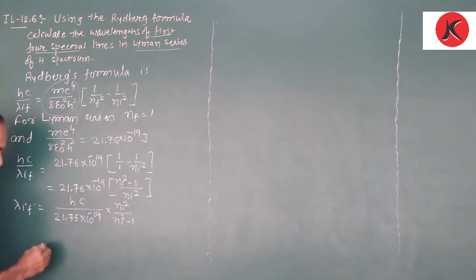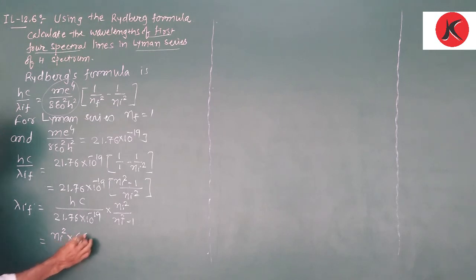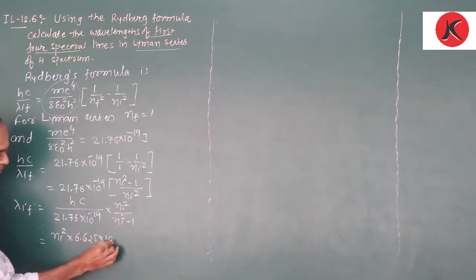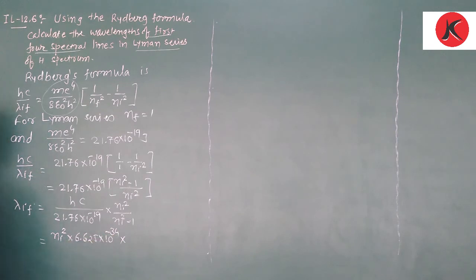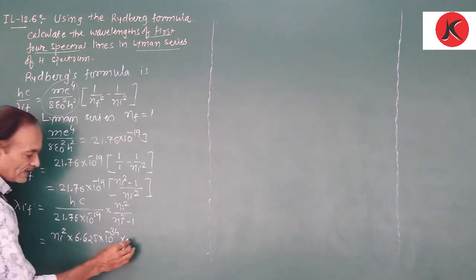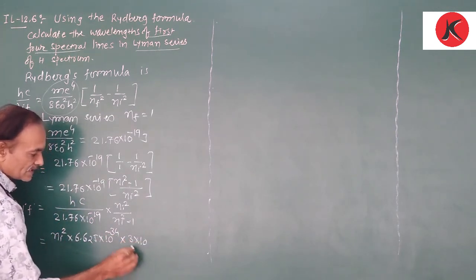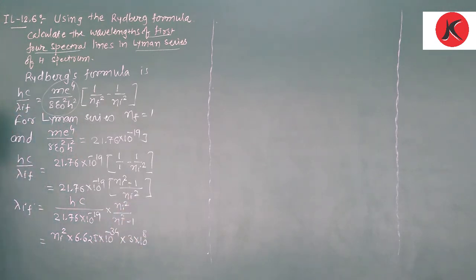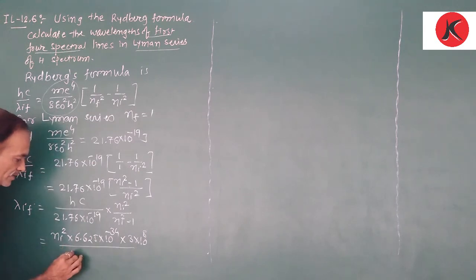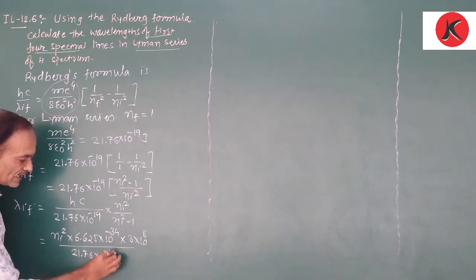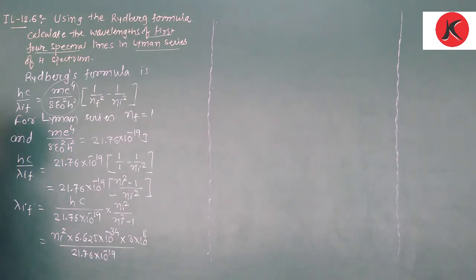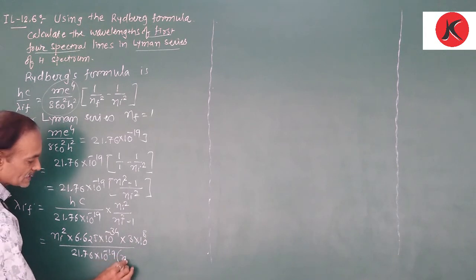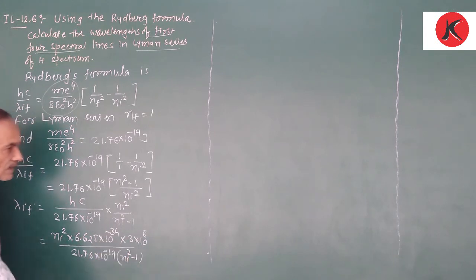Substitute the value of h and c. Therefore, Ni square into h, 6.625 into 10 raised to minus 34, c, the velocity of light in vacuum, 3 into 10 raised to 8 meter per second, upon 21.76 into 10 raised to minus 19 into Ni square minus 1.